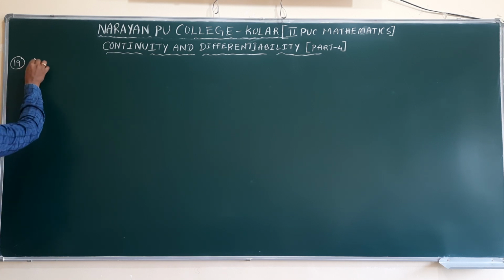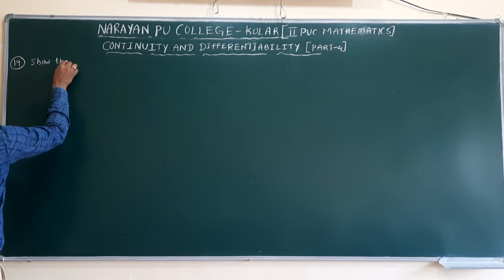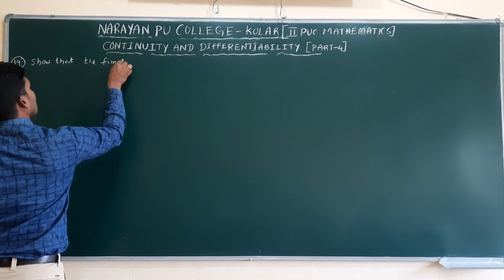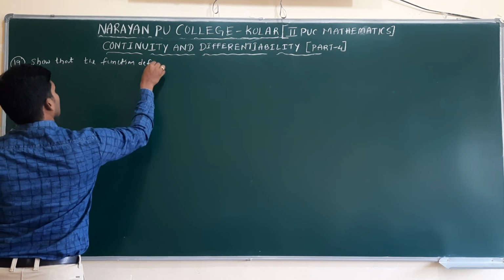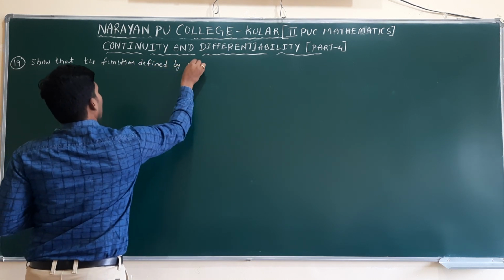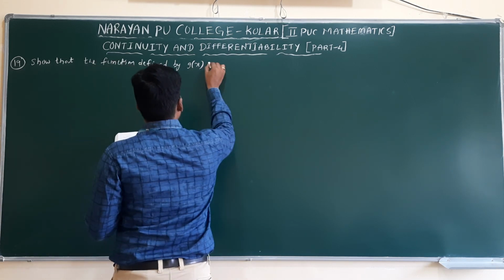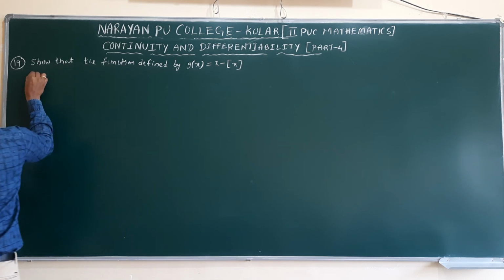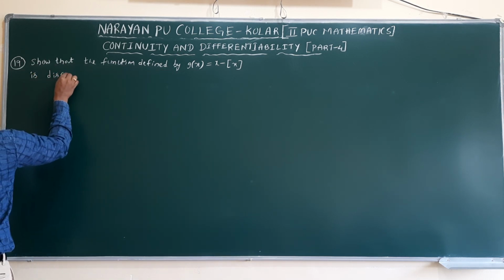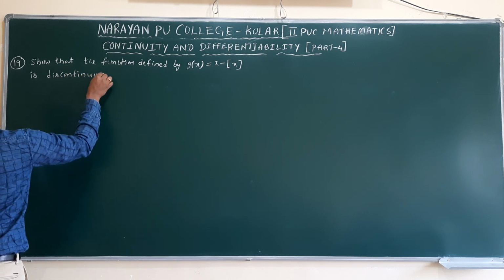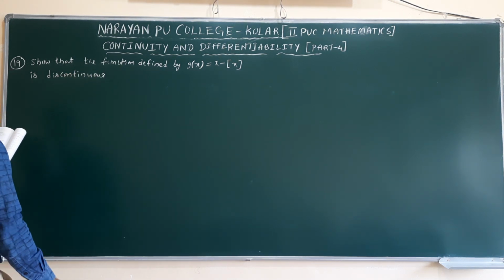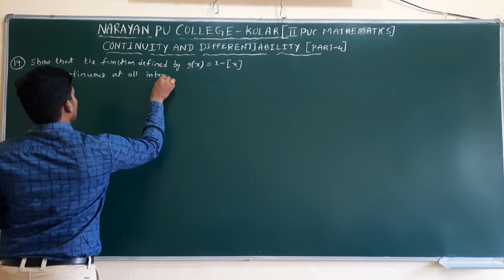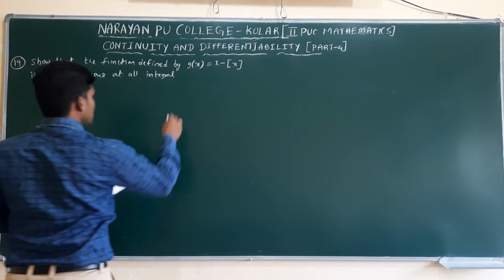Question number 19: show that the function defined by g of x equal to x minus [x] is discontinuous at all integral points.